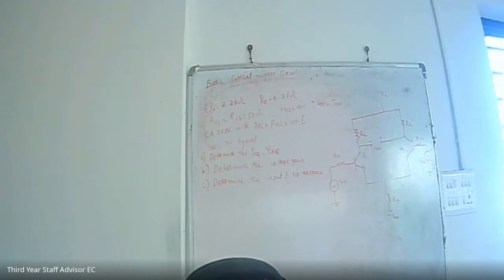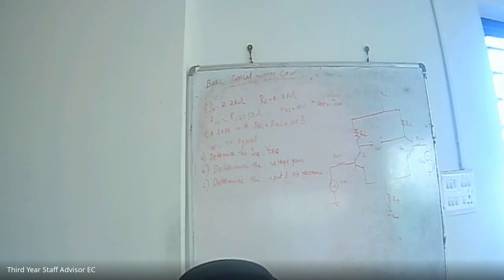For finding all those quantities, it is given in the question that beta DC equal to beta AC equal to 100. That is DC. In the DC analysis, the current gain value is 100. Also, in the case of AC analysis, current gain equal to 100. Next is VB equal to 0.7 volt.